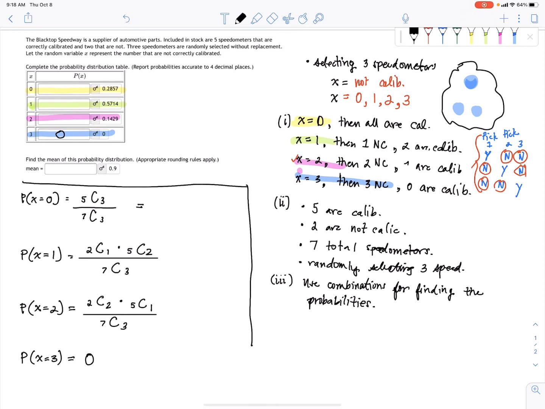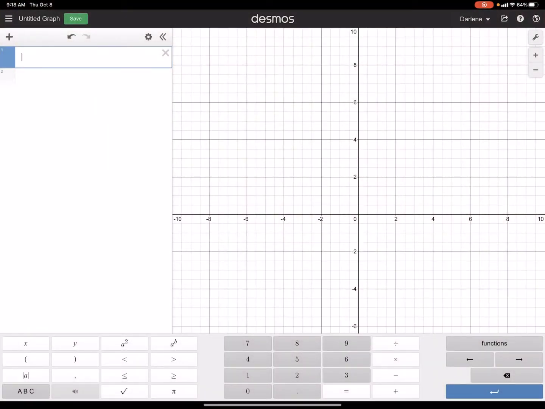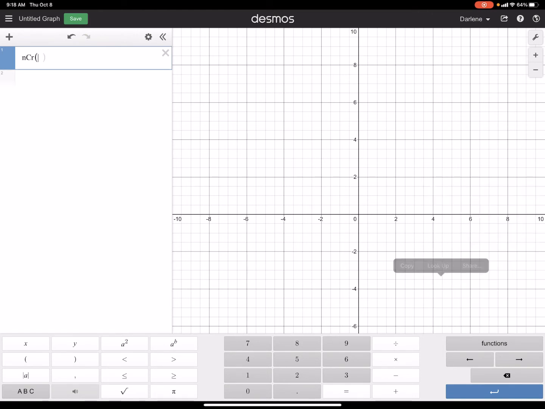Now what we can do is go ahead and use our calculator to calculate these combination probabilities. So this is Desmos, and if you click Functions and go to Stats, then you can see the NCR down here, and you would just click it, and then you just do your choosing.